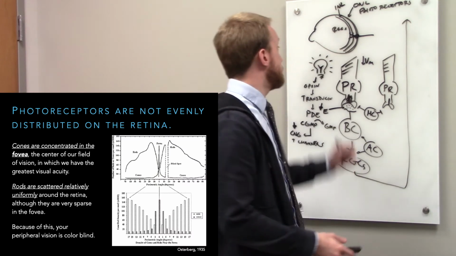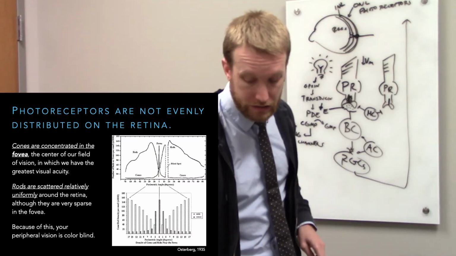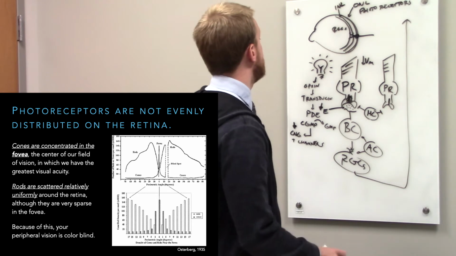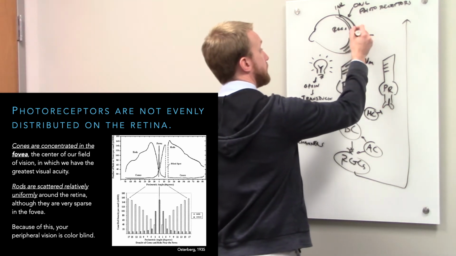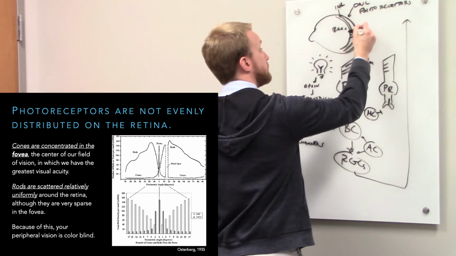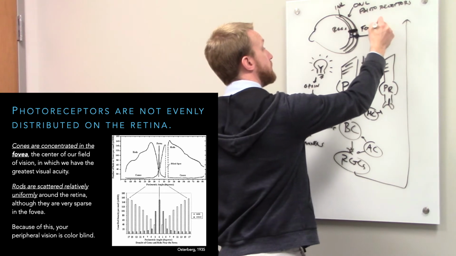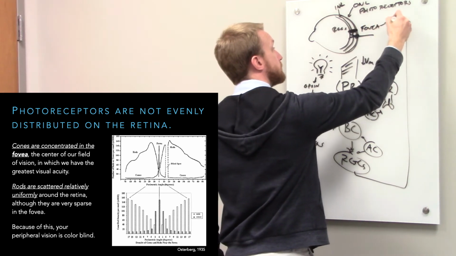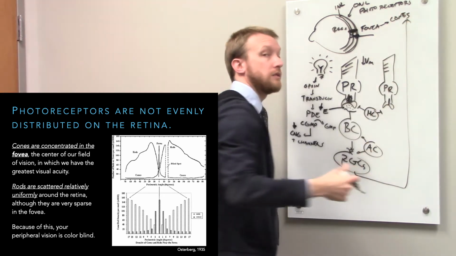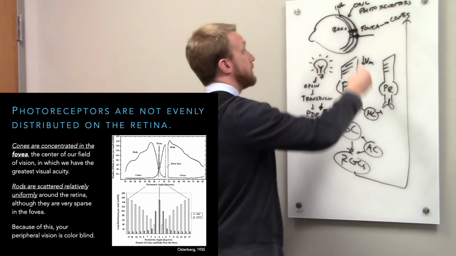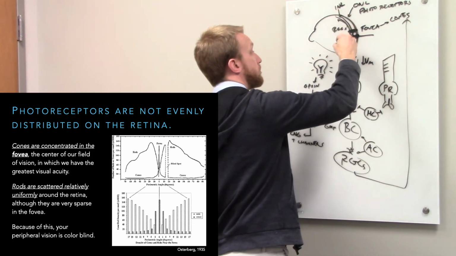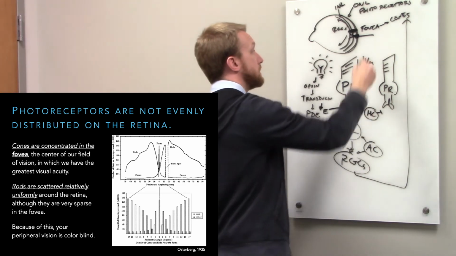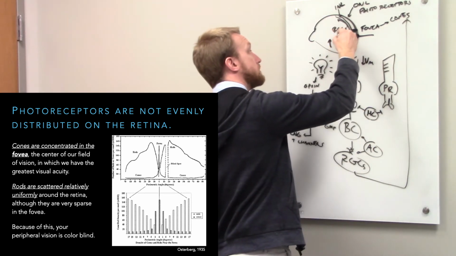Now, the distribution in the retina of rods and cones is not uniform. So if this is our fovea here, the center of our visual field, this is going to be enriched in cones. So we have nice color vision wherever we're looking. As you move away from the fovea into the periphery of the retina, you see an increase in rods.